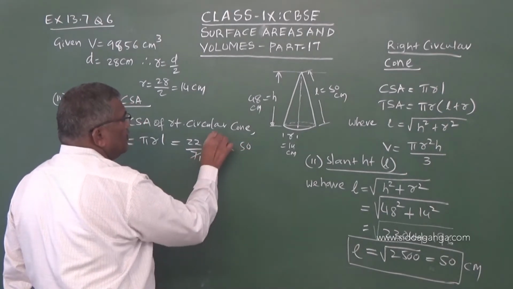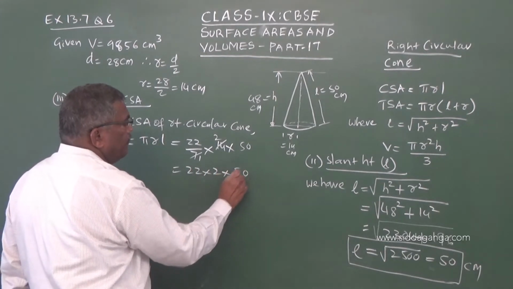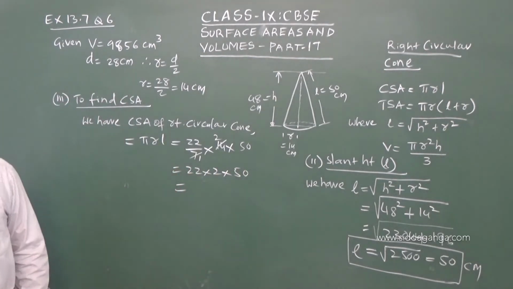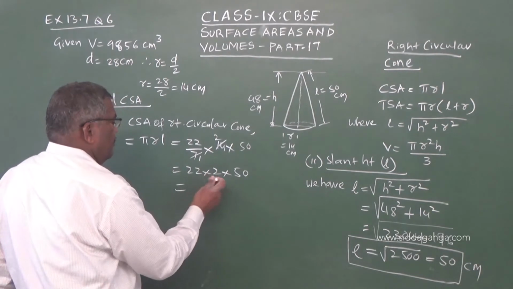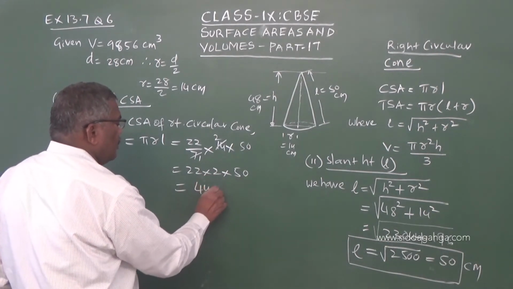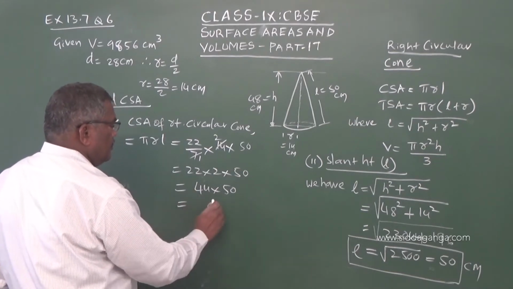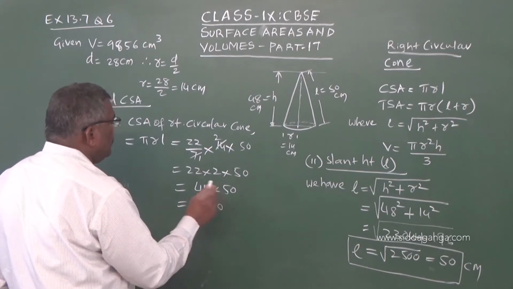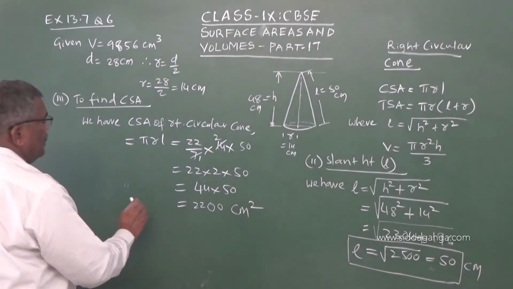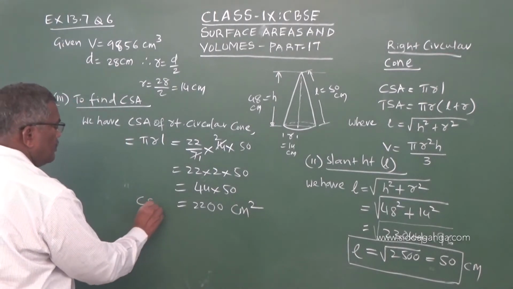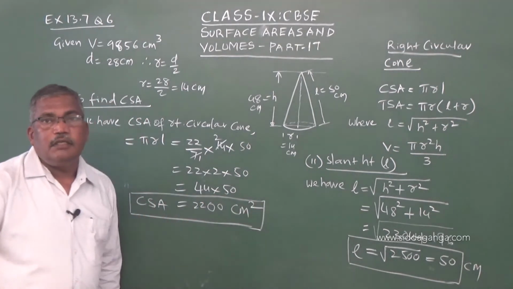So 7 twos are 14, it is 22 into 2 into 50. 22 into 2 is 44, 44 into 50 is equal to 2200 centimeter square. So this is the curved surface area of the cone. This is the third answer.